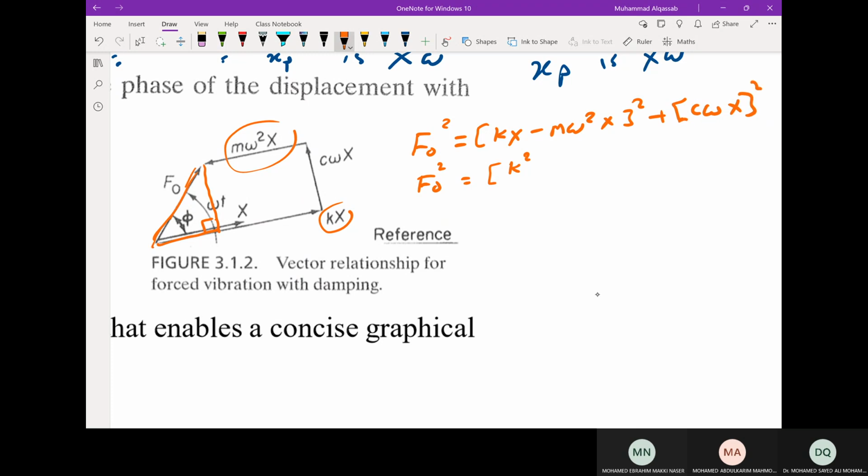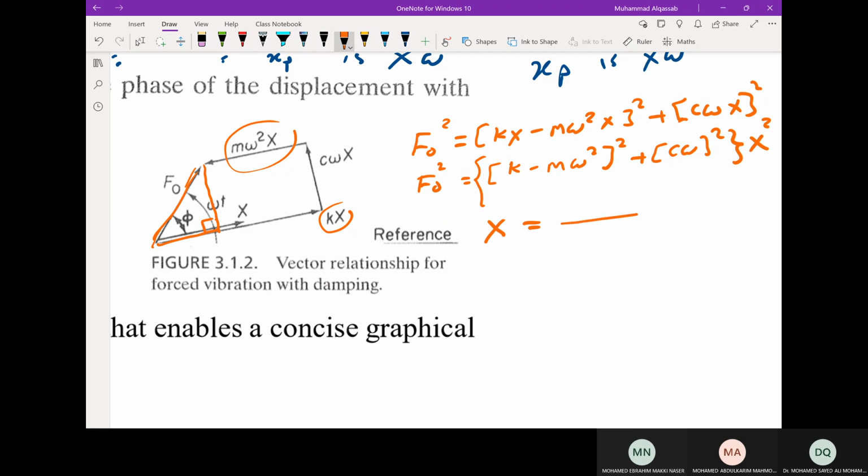As you can see, all the terms have x squared, so you can take x squared common. So this becomes k minus m omega squared, all squared, plus c omega all squared, multiplied by x squared. So you can put x squared on one side and then take the square root.